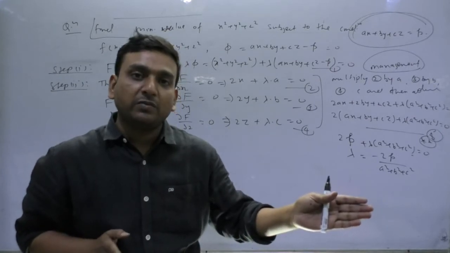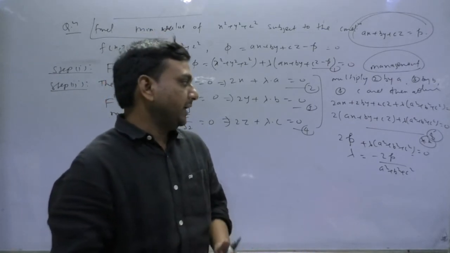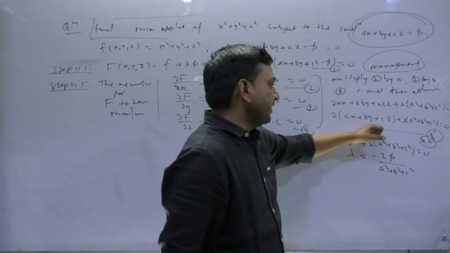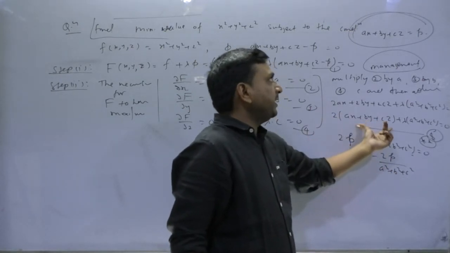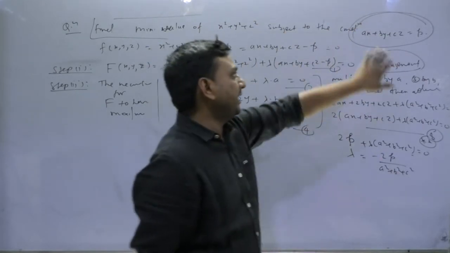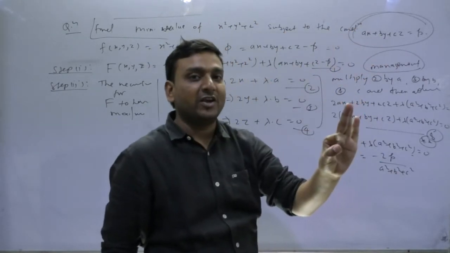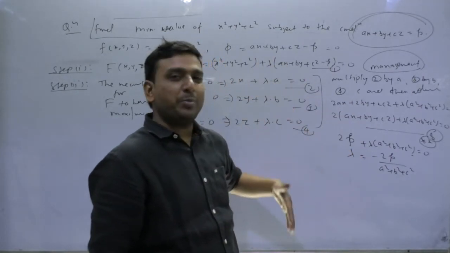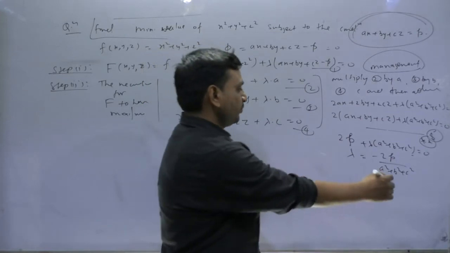It may be possible, it may not. Clear? So once we have this lambda, and what I stated, for this management we need to relook at the given condition. This is nowhere written, it comes from experience when I did these examples over the years.